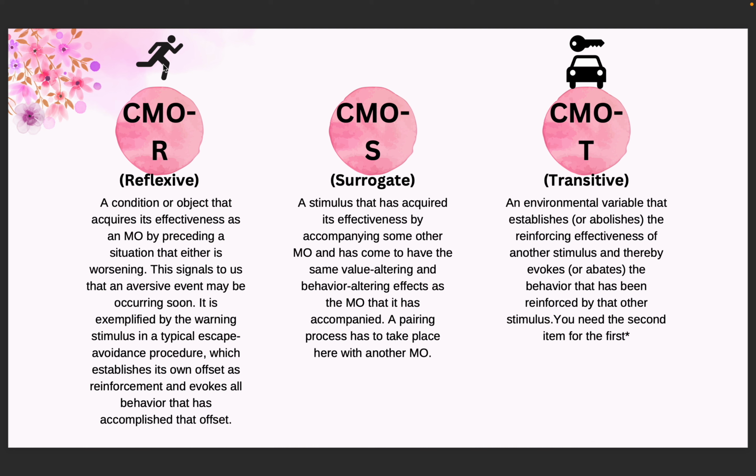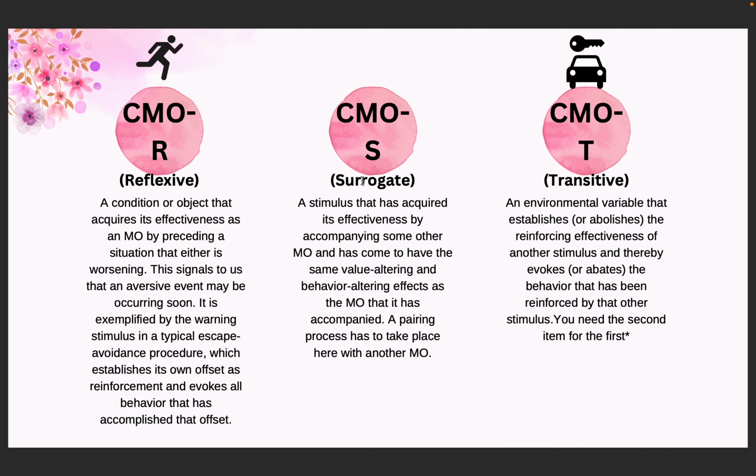This is why our CMO-R is escape and avoidance, because we see something and we want to get out of there. And what is escape-maintained behavior? That's exactly what it is, right? Something aversive that we no longer want. So think of our CMO-R as our run. Get out of this situation. Something's going to happen, we don't want it, and we want to avoid it as best we can.